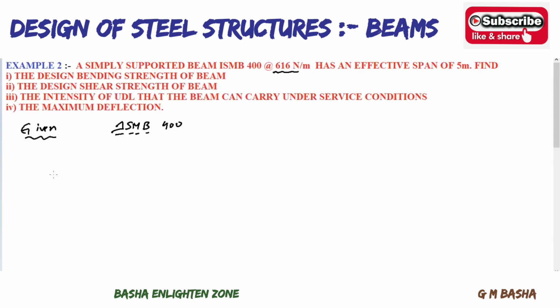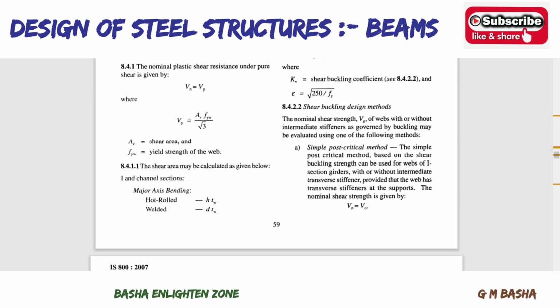So first they are asking about the design bending strength of beam. So first one is design bending strength of the beam. So for finding design bending strength, what is the formula? Actually the formula will be there in the code book, page number 53. So I will show you.